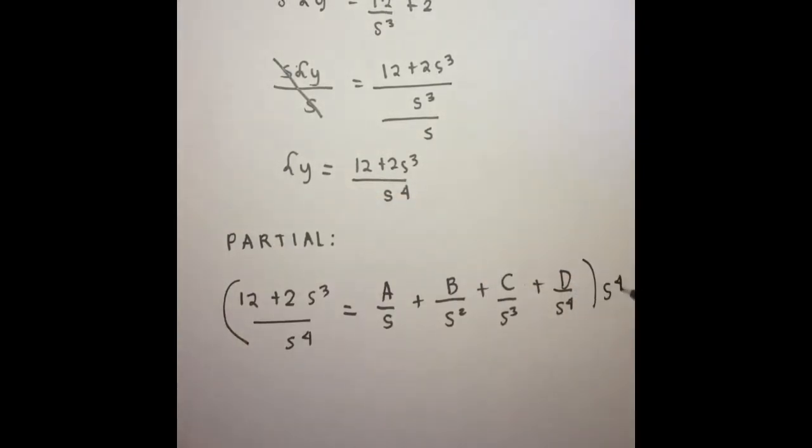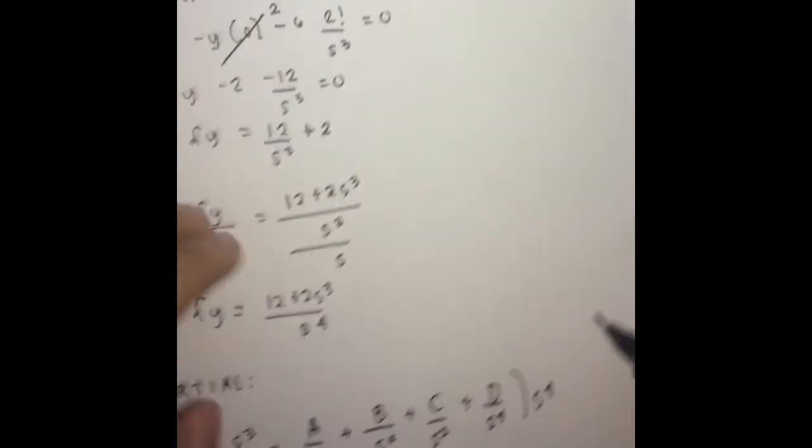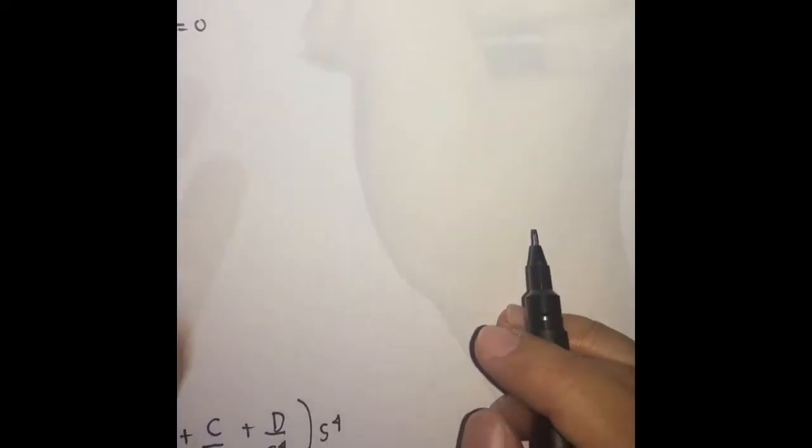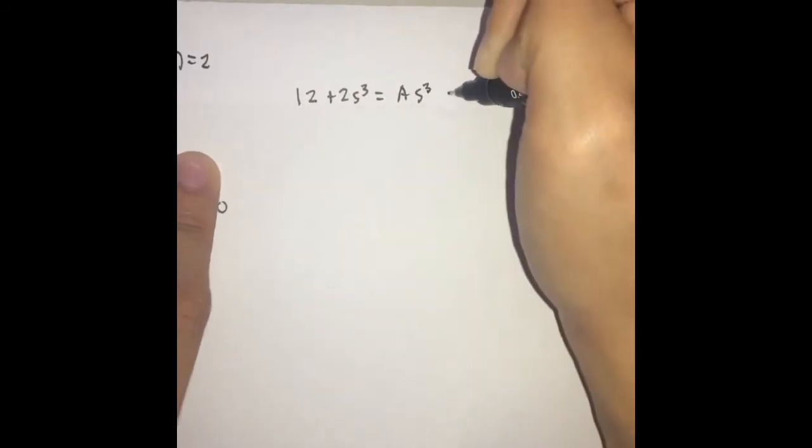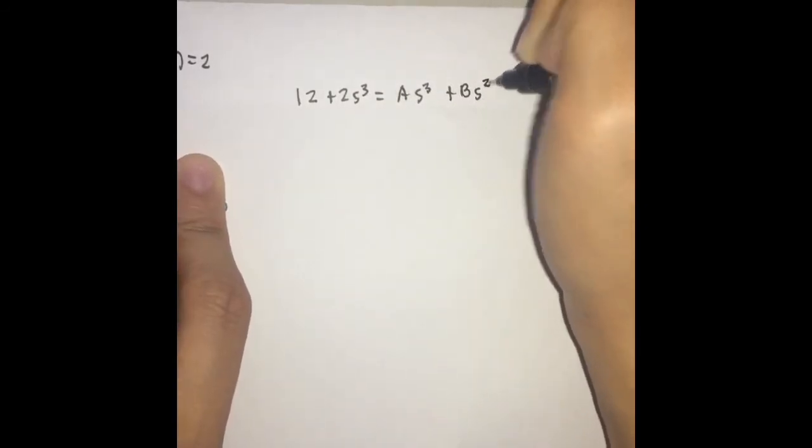We will multiply s to the fourth to the whole equation and it will become 12 plus 2s cubed equals as cubed plus bs squared plus cs plus d.